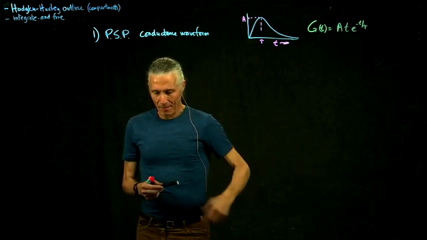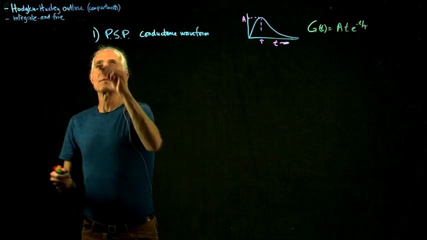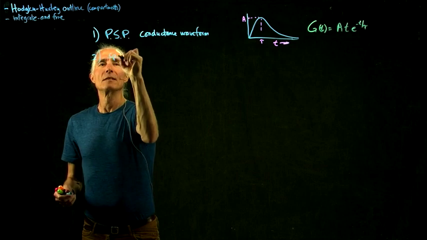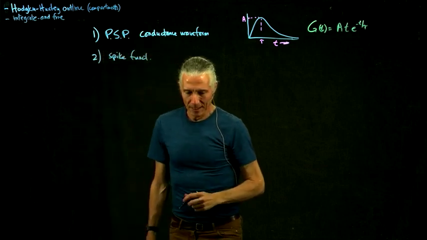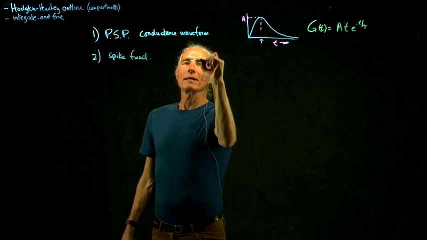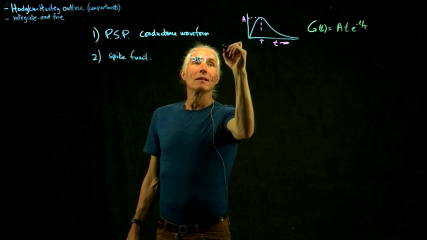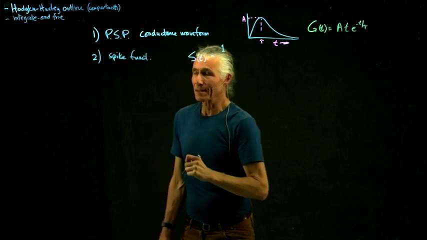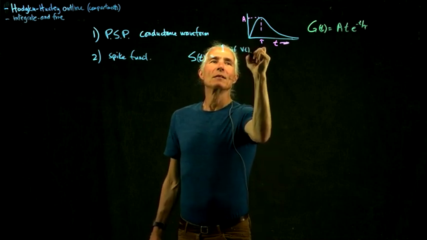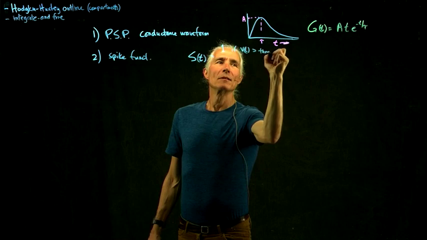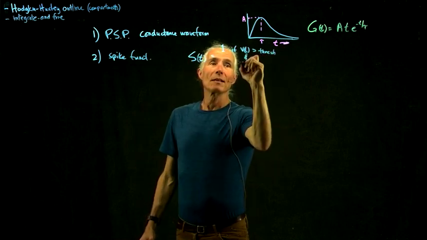So you start off with that, and then instead of doing all the Hodgkin-Huxley mess, we just have a spike function. The spike function is basically just spike at a particular time. Set the spike function to 1 if the voltage is bigger than the threshold, but also not refractory.